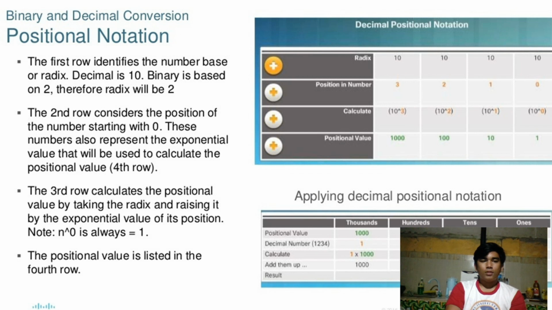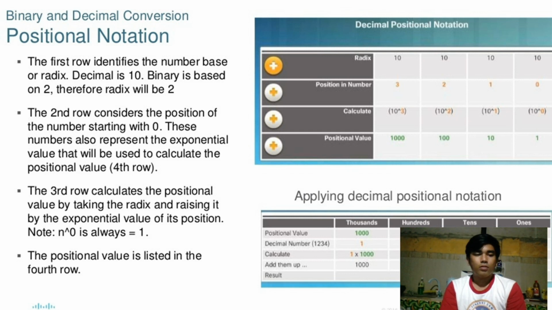First, positional notation. The first row identifies the number base, or radix. Decimal is base 10, binary is based on 2. Therefore, the radix will be 2. The second row considers the position of the number, starting with 0. This number also represents the exponential value that will be used to calculate the positional value of the fourth row.